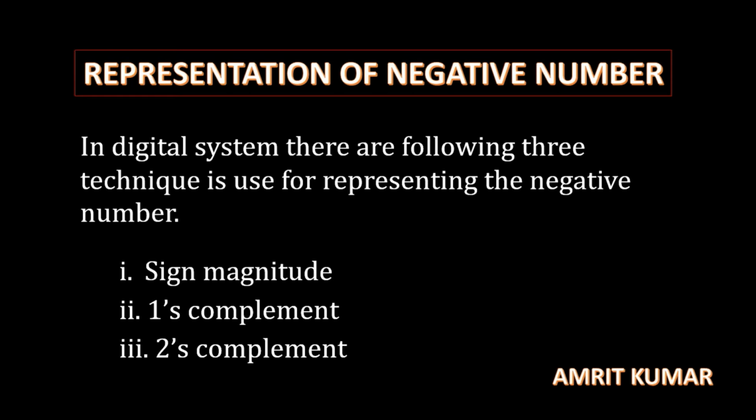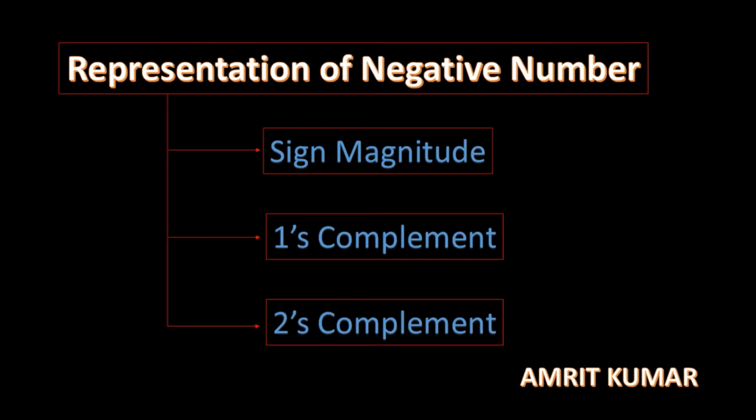Let's look at sign magnitude, how we represent a negative number in terms of sign magnitude. The representation of a negative number has been classified into these three parts. The first one is sign magnitude, which we are going to learn about now.